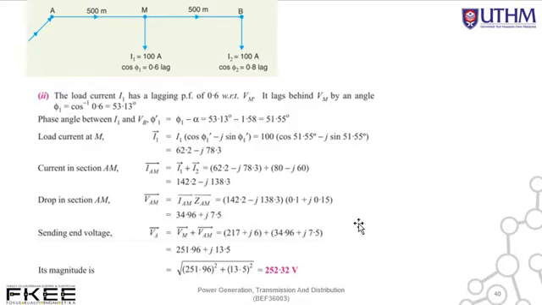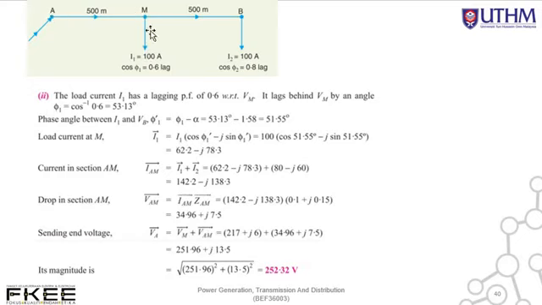Differing from example 8.2, in this tutorial question you apply KVL at this loop to find VA, which is an alternative approach. In example 8.2, VA is equal to VAM plus VMB plus VB. But in this example, since we have already calculated VM, VA is equal to VAM plus VM.